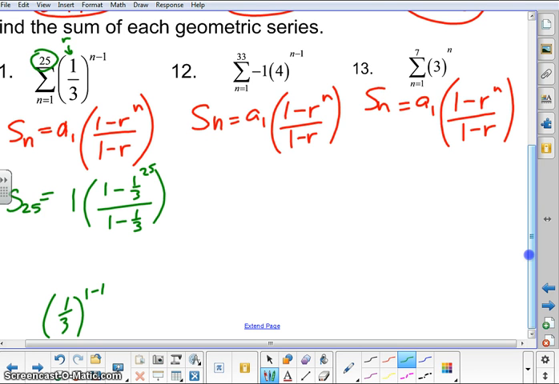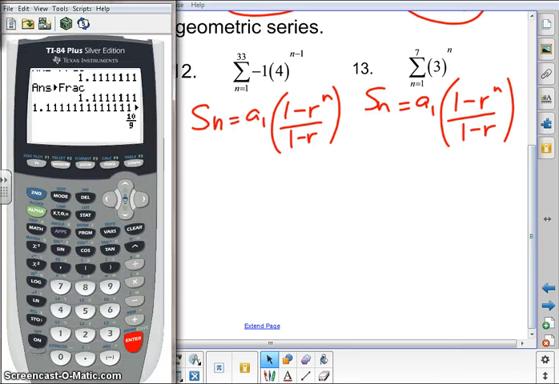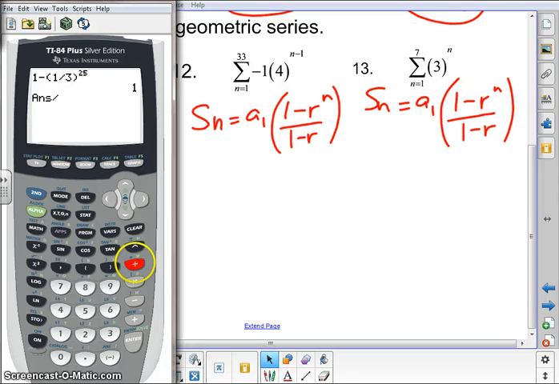Okay, so let's do a little of the math on the calculator just to double check, make sure you're doing it correctly. You should go ahead and put in 1 minus, and then use your division symbols, parentheses 2, 3, and then to the 25th. So it should look like that when you're done. So that's going to give us the numerator, and then the denominator we can go ahead and divide by parentheses 1 minus, parentheses again, 1 divided by 3, and then you'd have to close your parentheses twice.